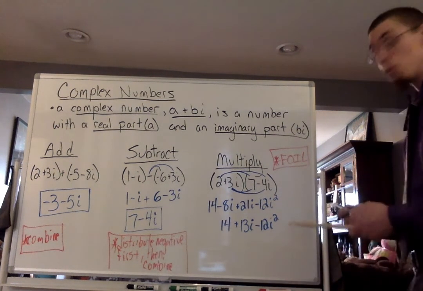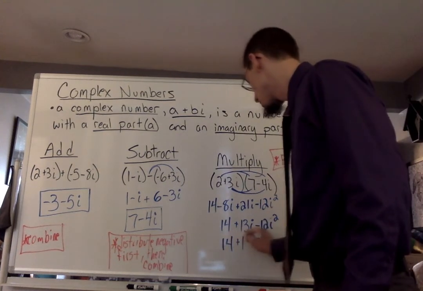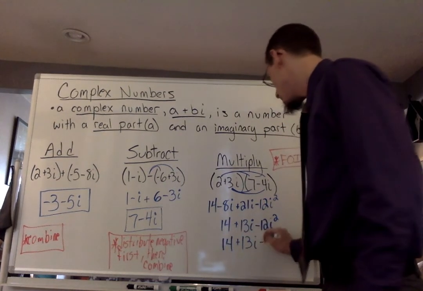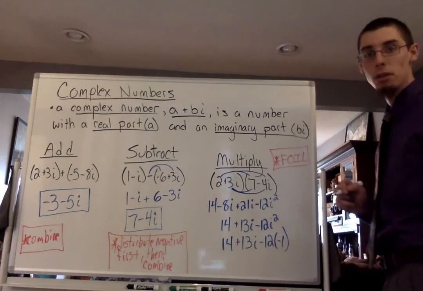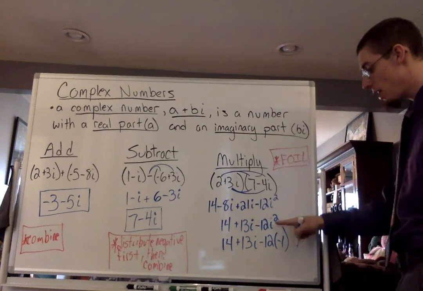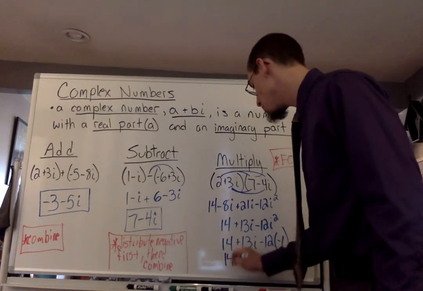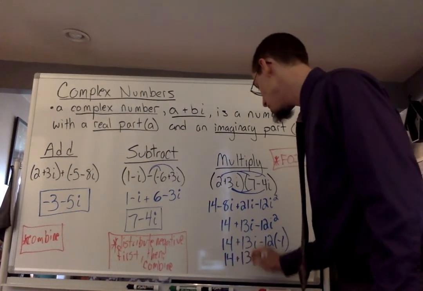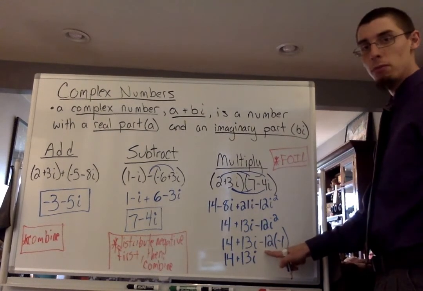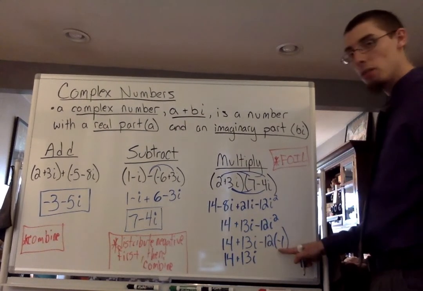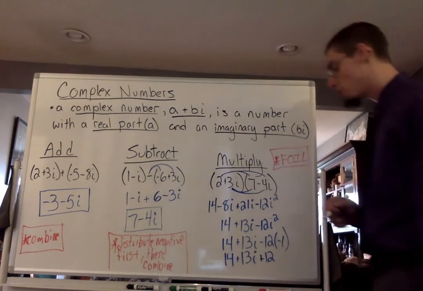So what I can do is replace i squared with a negative 1. You see that? i squared becomes negative 1. So 14 plus 13i, this is a negative 12 times a negative 1. That makes it positive 12.